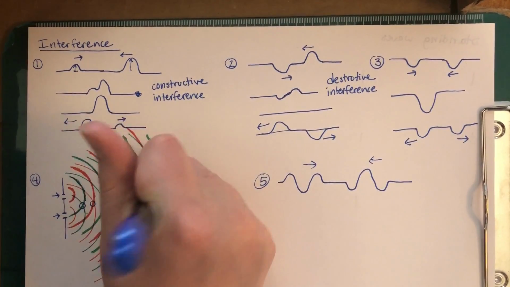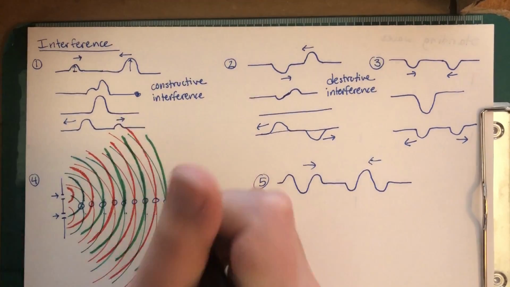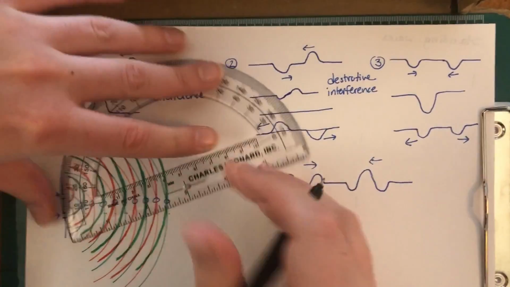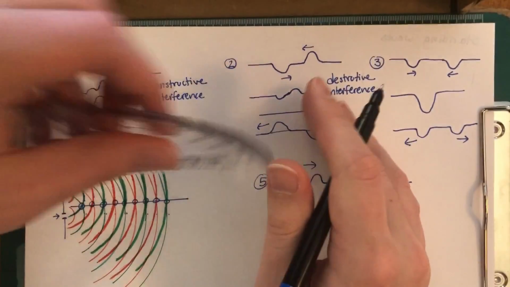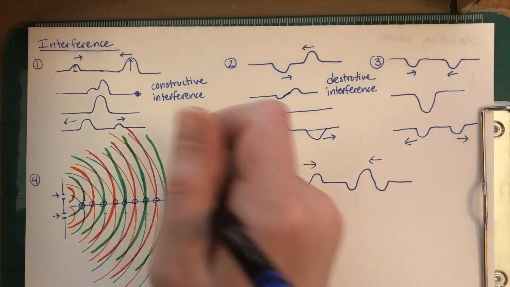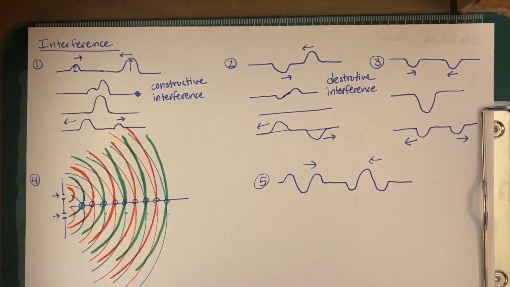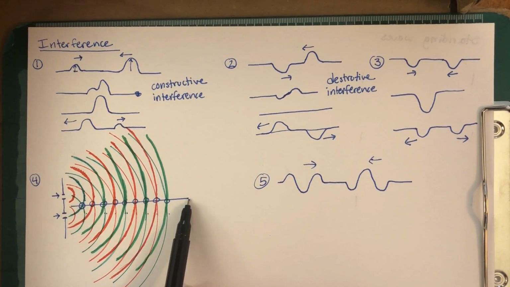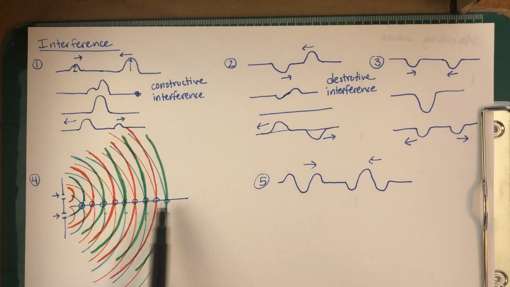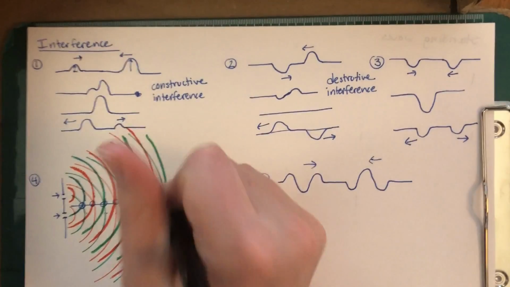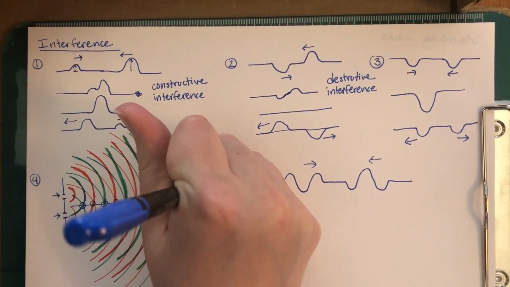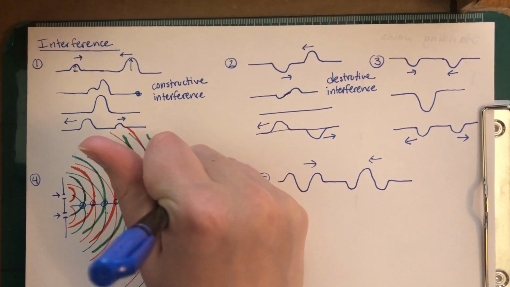So along this line, we can see that the red and green are always lining up with each other, which is going to cause the two waves from the two sources in all of these places to interfere constructively, to add together, because the high points are overlapping with the high points, and the low points are overlapping with the low points. So here we're going to get constructive interference.